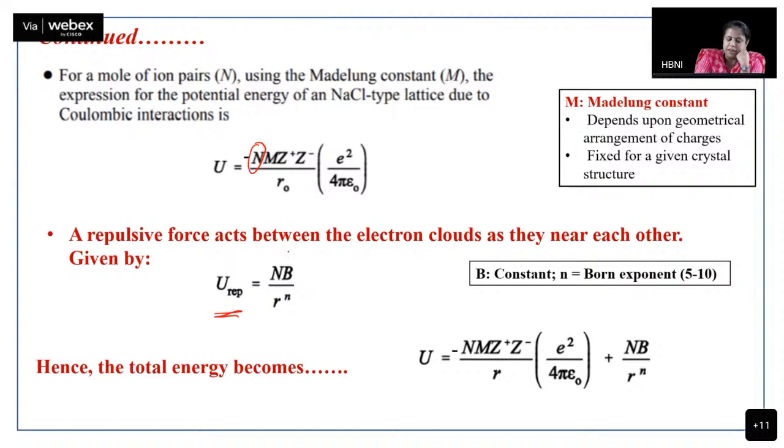Now this N is your number of ions. This B is a constant. And this particular value R, of course, is the internuclear distance, and this particular value n is called the Born exponent, and it has a value between 5 and 10. So now your total energy is the sum of this electrostatic term and this repulsion between the electron clouds. This is your total energy.